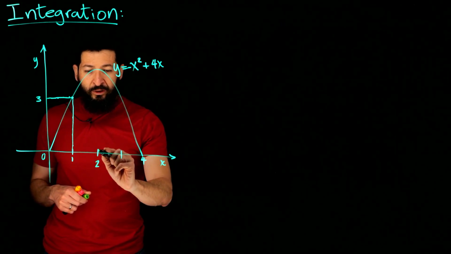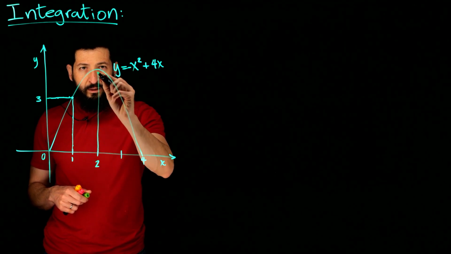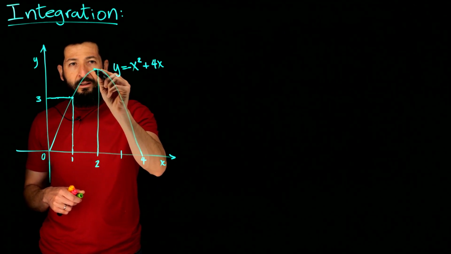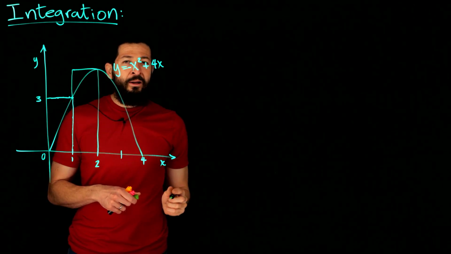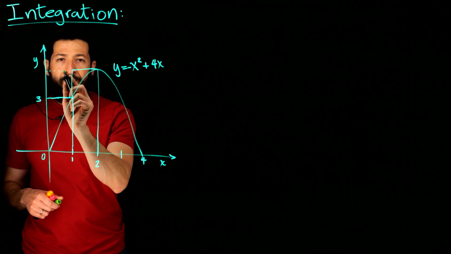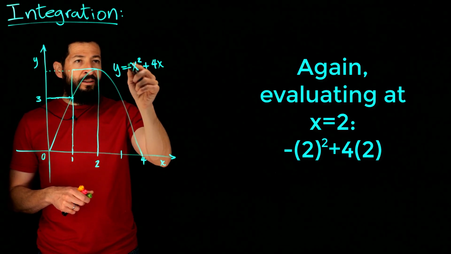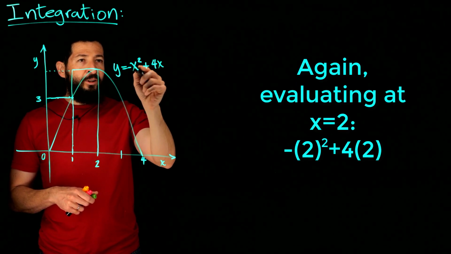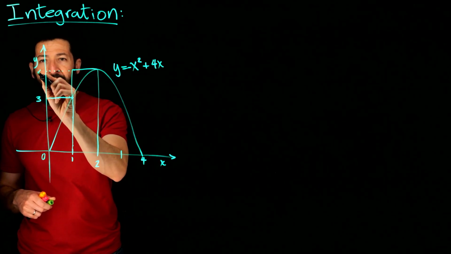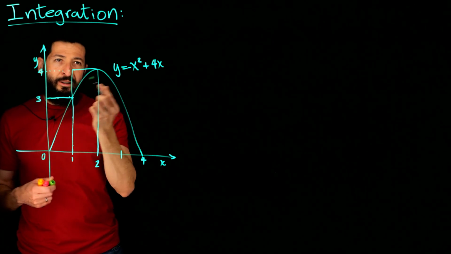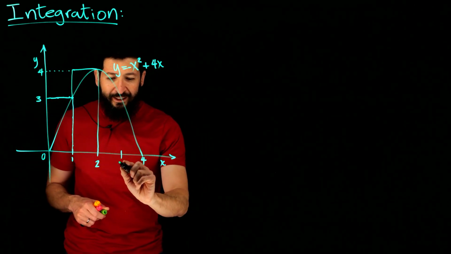Now for 2, we go up to right here, the vertex of the parabola, which is, if you plug in 2, negative 2 squared, negative 4, plus 2 times 4, 8. So it's going to be 4. Not quite drawn to scale apparently, but let's keep going.